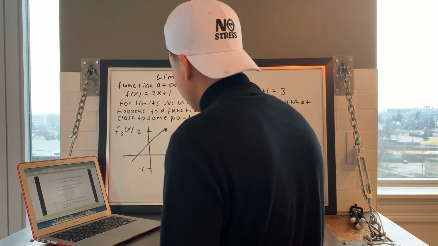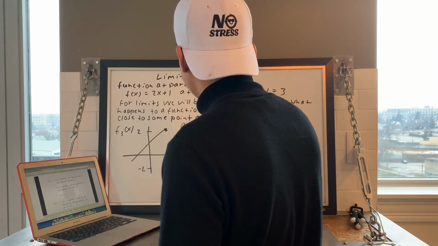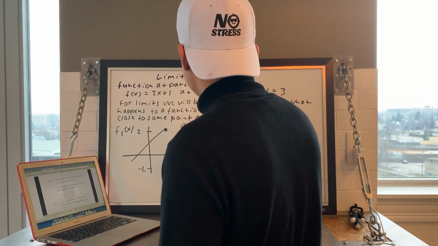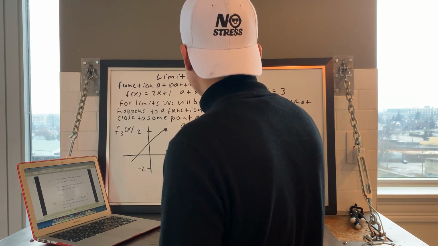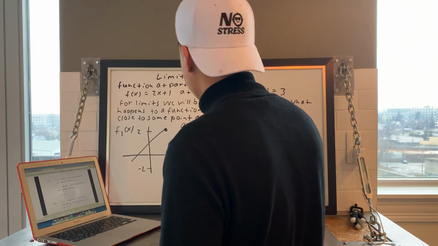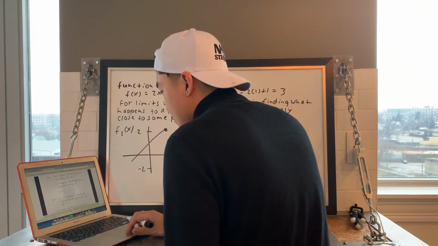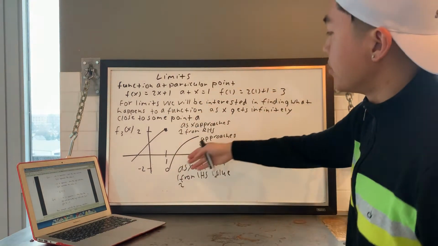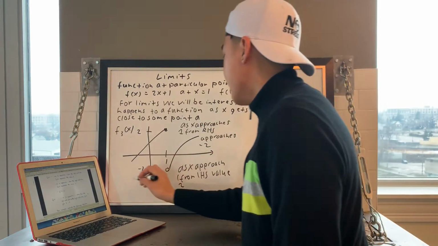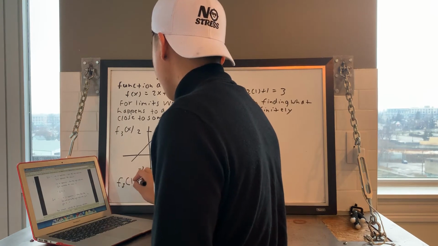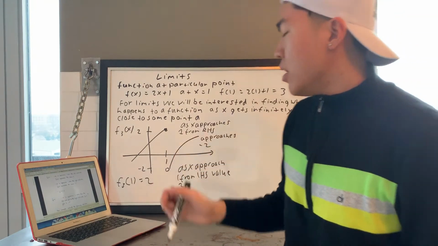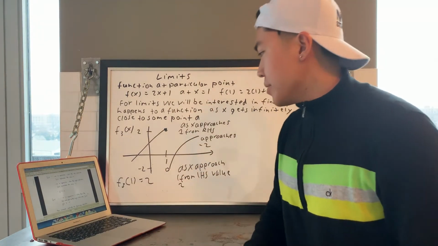And as x approaches from the right-hand side, it's minus 2. But essentially, the value of f3 of x at 1 is actually 2, because the point actually exists at 2. It's a hole there from the right-hand side.